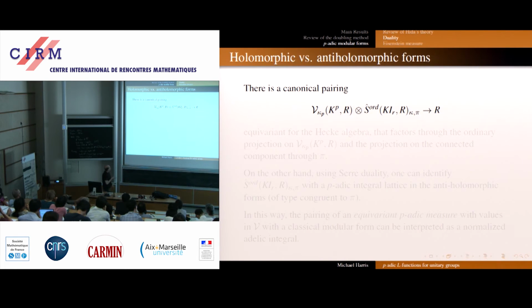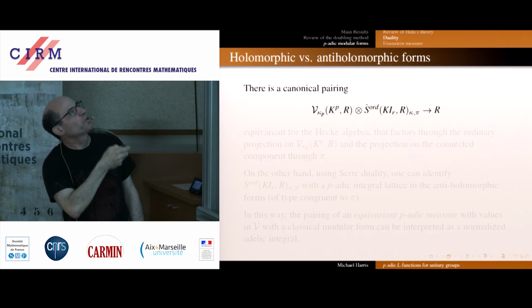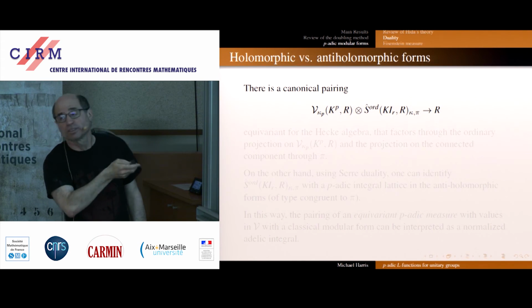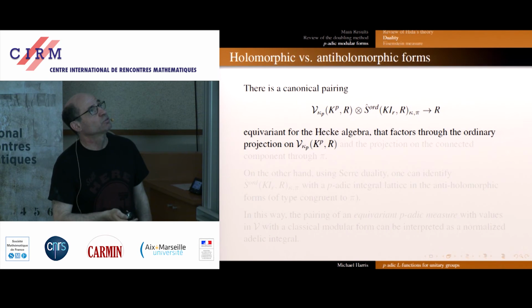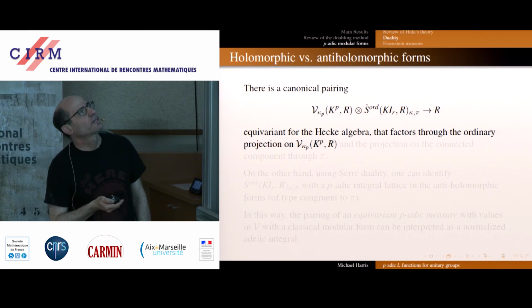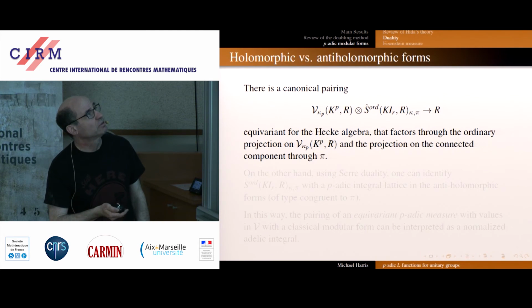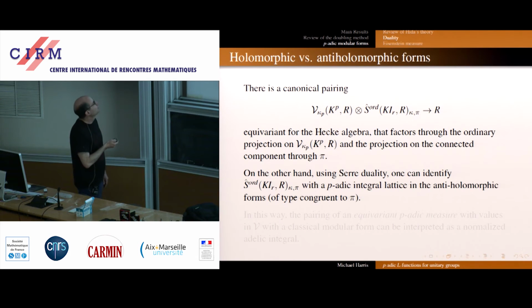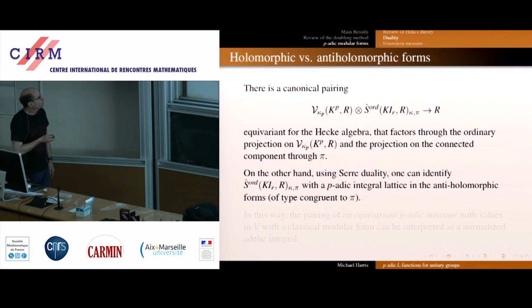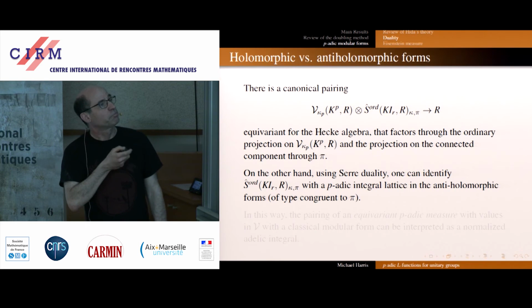And so here's another notation, you get a pairing of the ordinary holomorphic forms with this dual space, which contains anti-holomorphic forms. This is equivariant for the Hecke algebra, or Hermitian for the Hecke algebra. And it factors through the ordinary projection and the projection on the connected component through pi, because we've localized at pi.